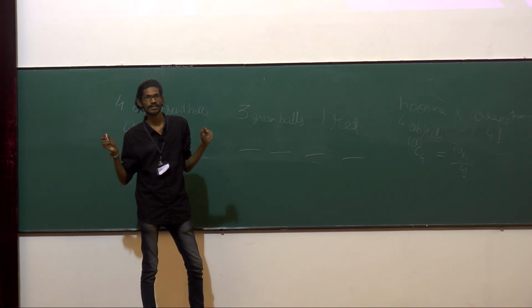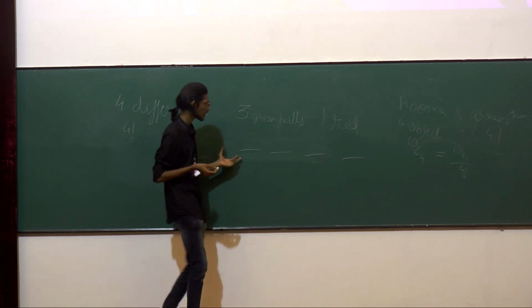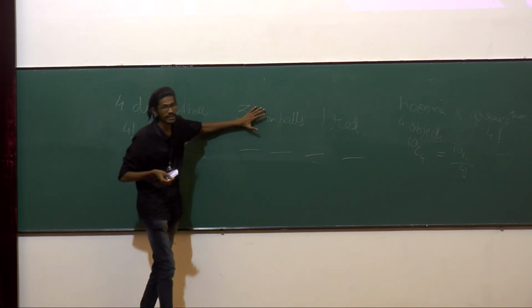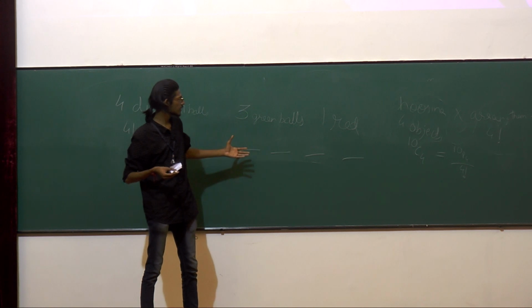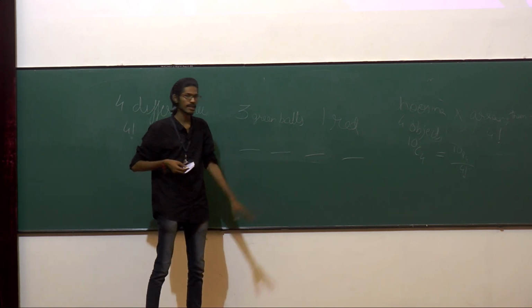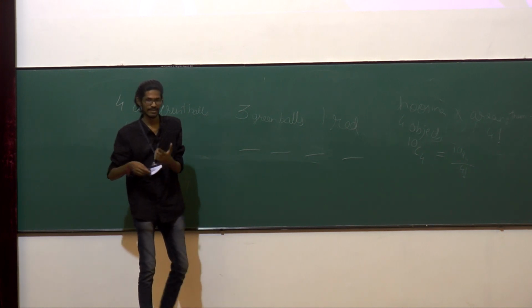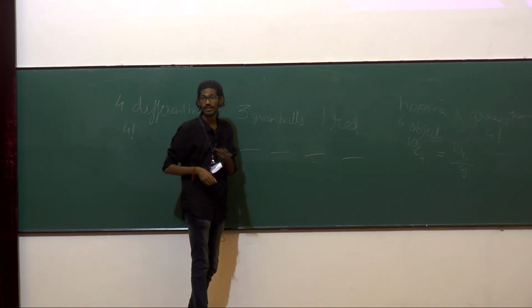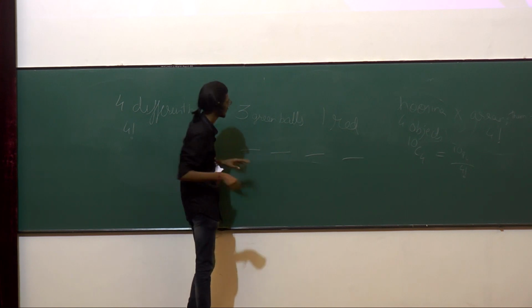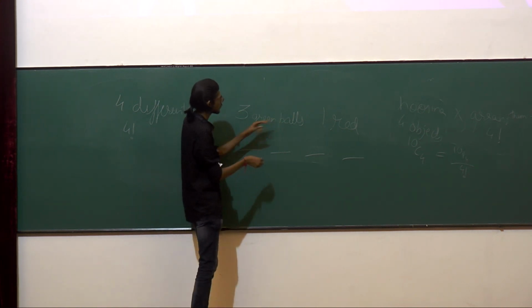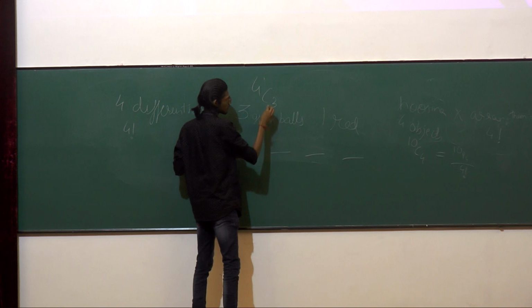Are you okay with it? So we have 4 slots and we have 3 identical objects. So the number of ways I can place these identical objects is 4C3. There are 4 ways. So this process will take 4C3 steps.